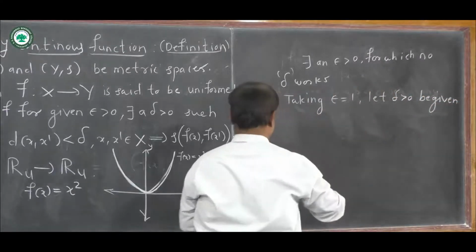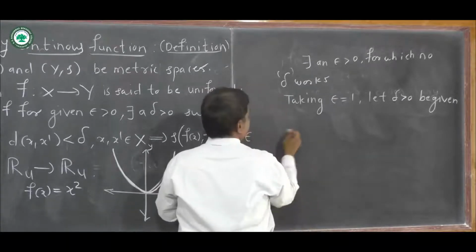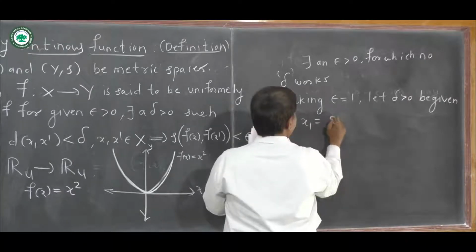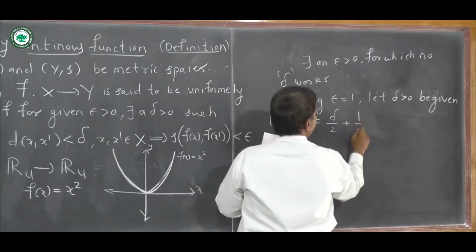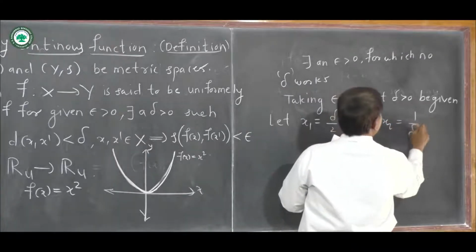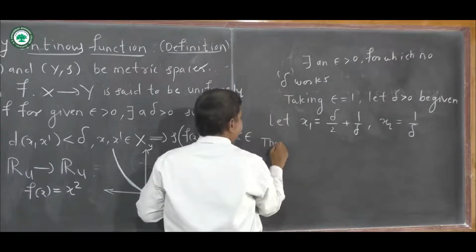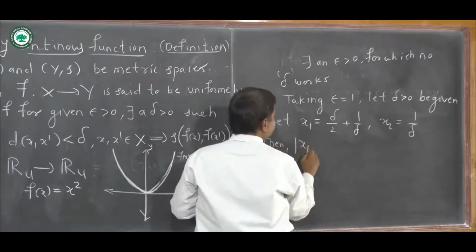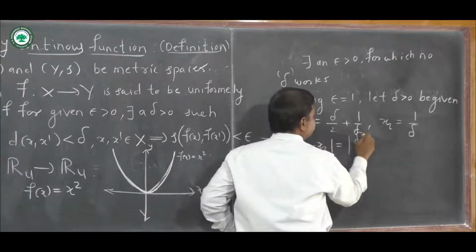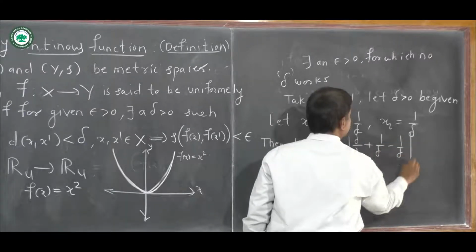So in this case we take 2 points. Let x1 is equal to delta upon 2 plus 1 upon delta, and x2 is equal to 1 upon delta. Then we have mod of x1 minus x2 is equal to delta upon 2 plus 1 upon delta minus 1 upon delta.